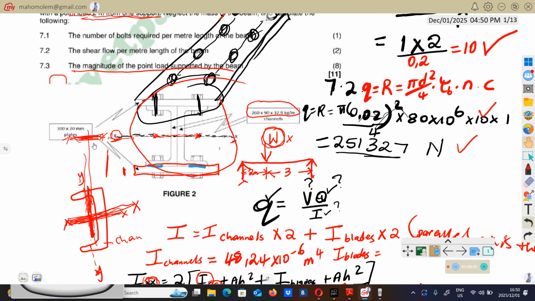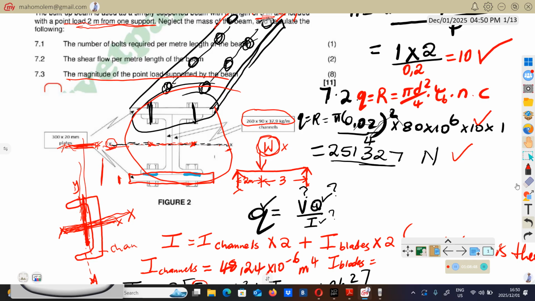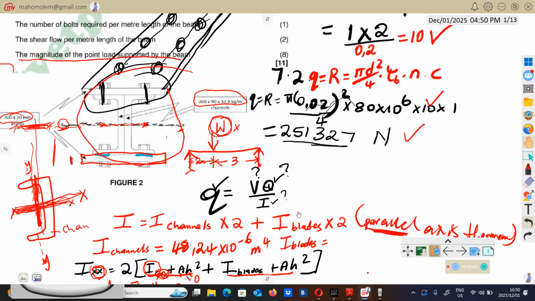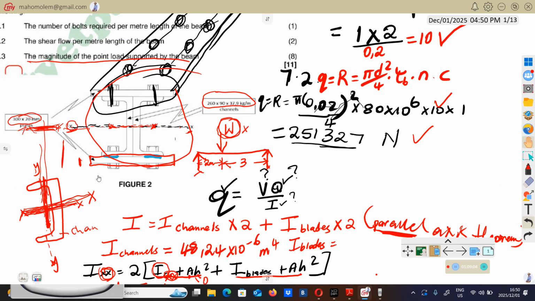Here's the dimension: 300 by 20. So meaning that this plate, starting from here to there is 300. Then from here to there is 20.